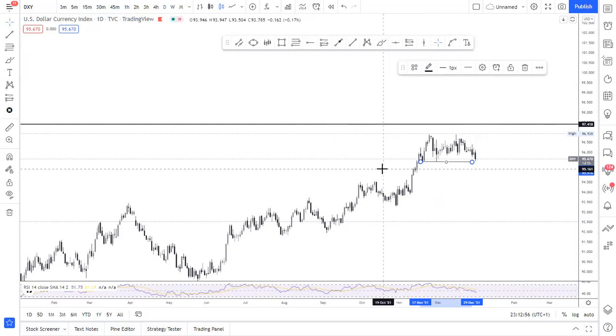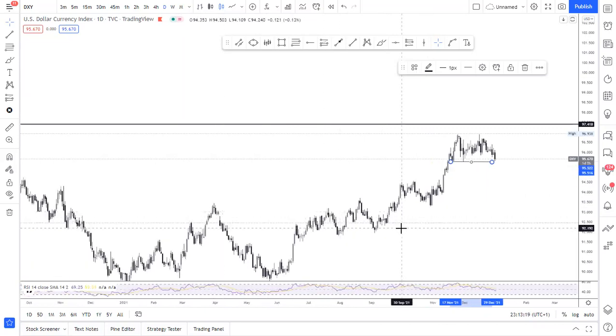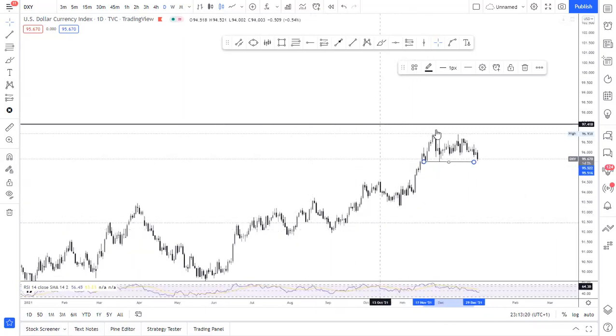So let's get down to business. This is the DXY, and we know how we do it. We always move from the DXY because it gives us the directional bias of the dollar, and it helps us when checking out the USD correlated pairs. So right here on the DXY, price has been in this up move.